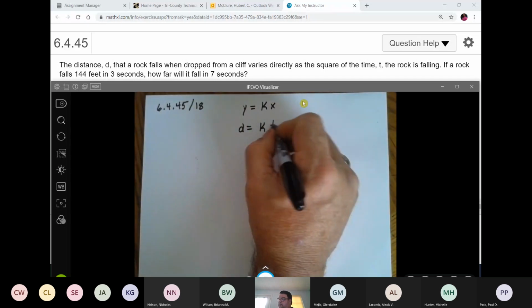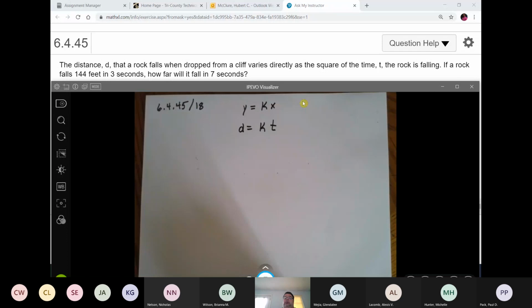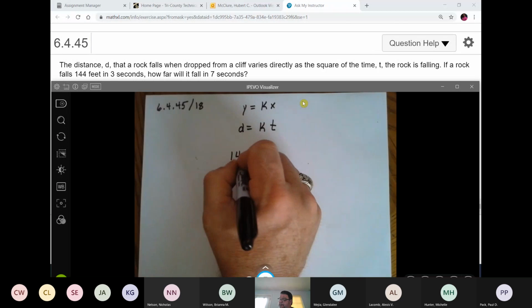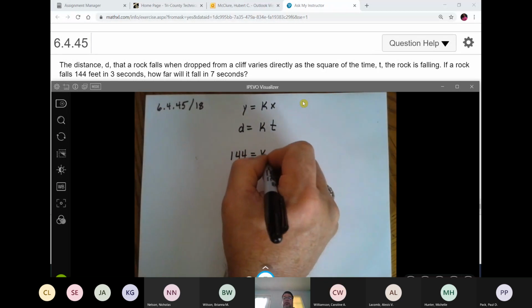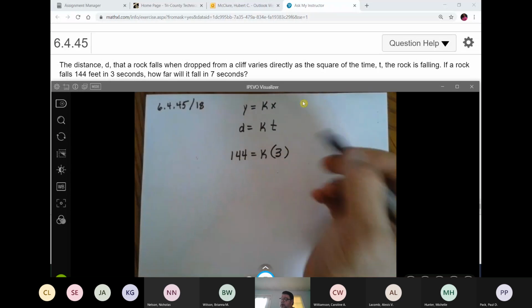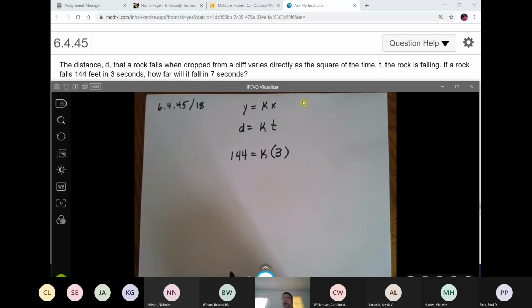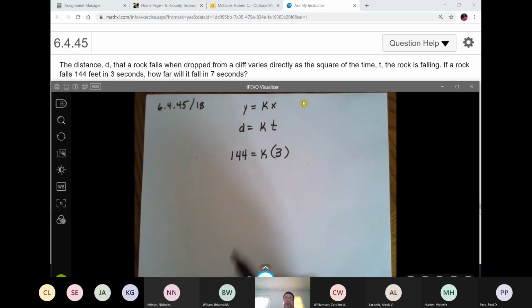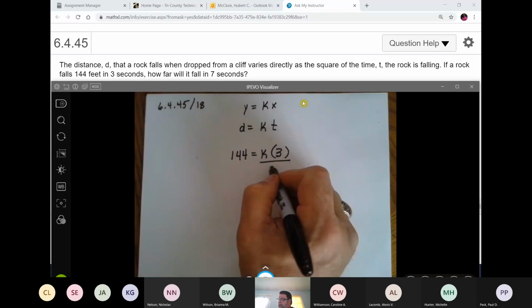T. If a rock falls 144 feet in 3 seconds, well, at that point we know we've got to solve for K because it's the only thing that's left. That's why the comma is also behind seconds. The comma means pause. So here, the K by itself means pause, and divide by 3.